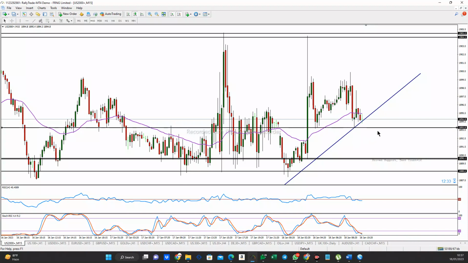So if price is able to break and close below 1893.8, if a bearish candle is able to close below this price level, on the next candle you want to enter a sell and take your profits at this proven support.